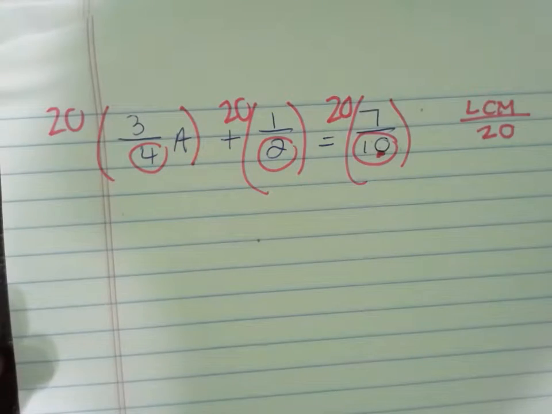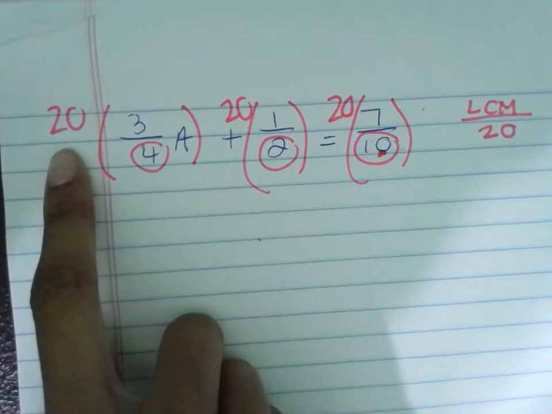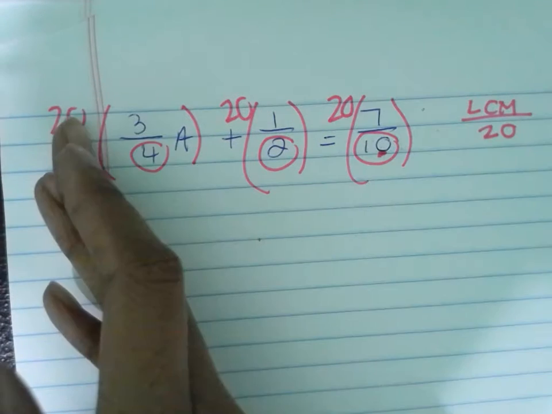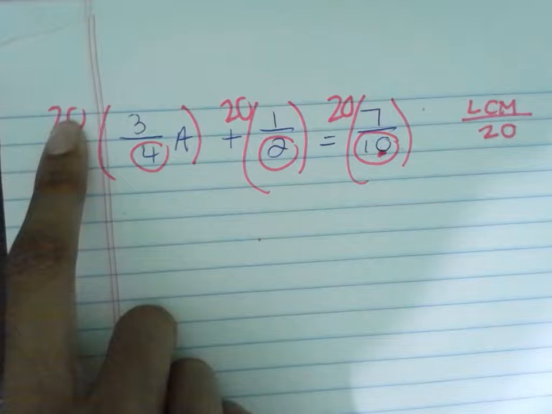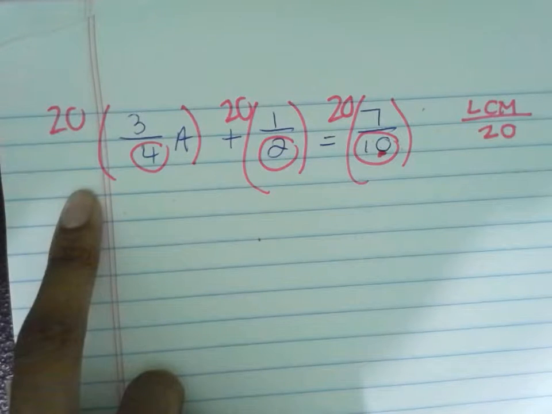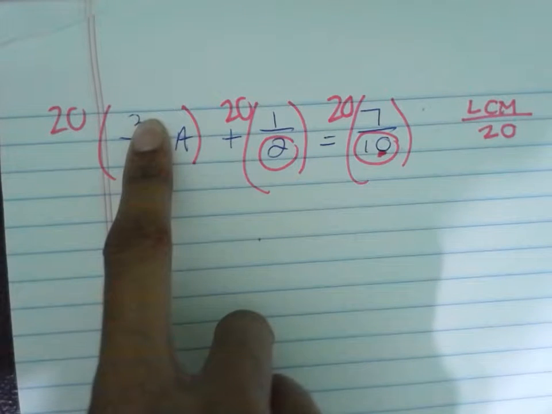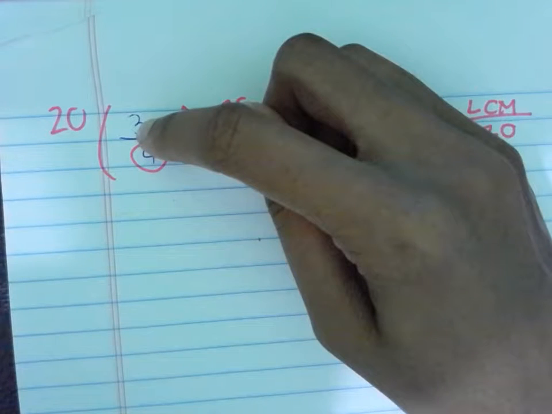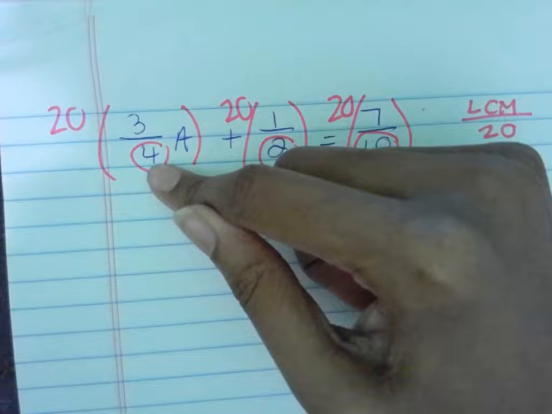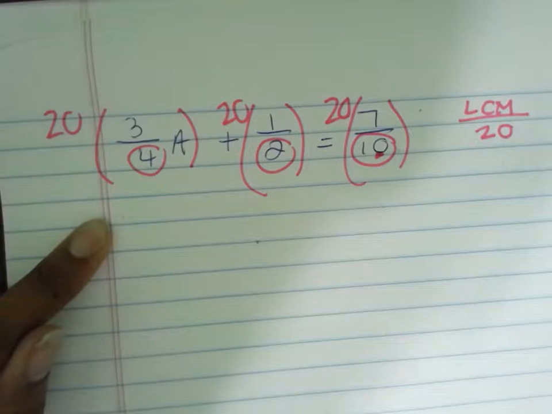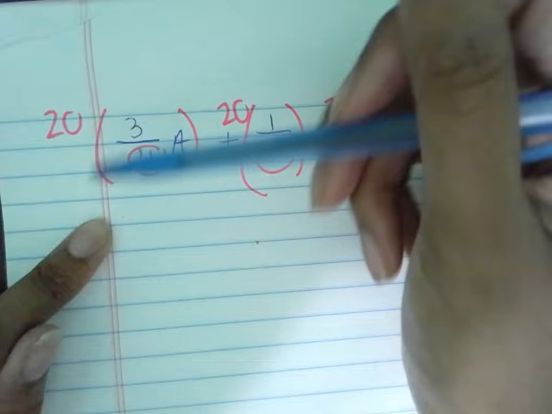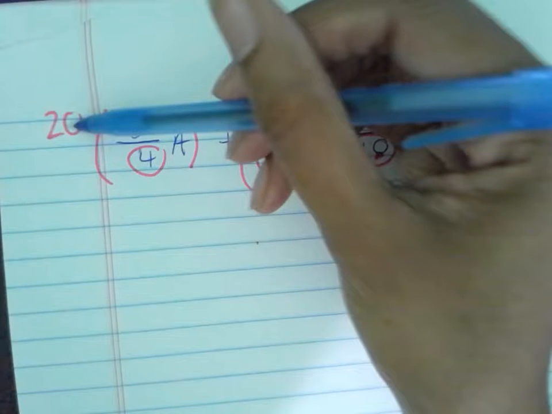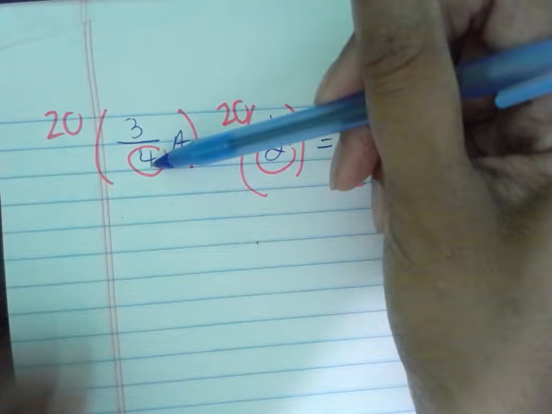If you remember how to multiply a whole number by a fraction, this is like saying 20 over 1 times 3/4, so I would do top times top. 20 times 3 is 60, and then 60 divided by 4 is 15. Another way you could do this, which I like because I think it's pretty cool: 20 divided by 4 is 5, and then 5 times 3 is 15.